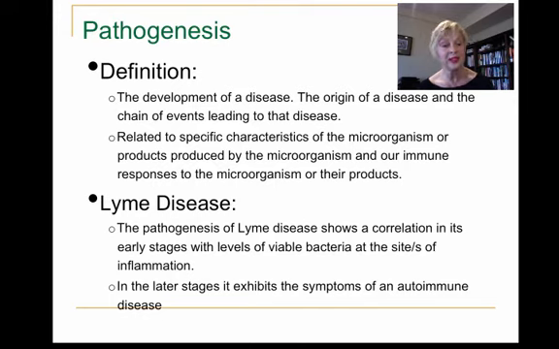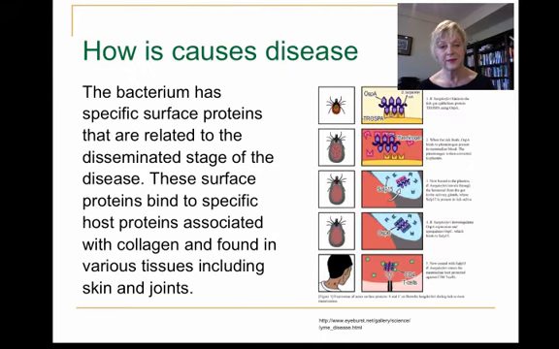For Lyme disease, many of the symptoms that you see later are associated with an autoimmune response, and that's why you see a large variation in the response from individuals once they have been exposed to Lyme disease. So how does it cause disease?